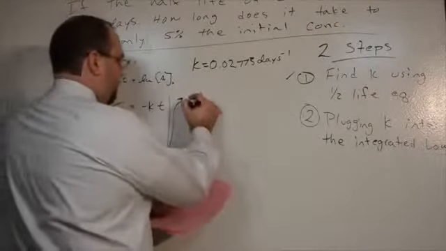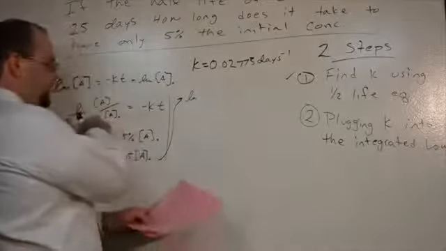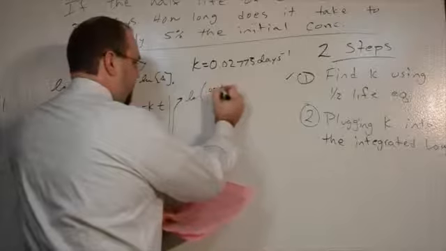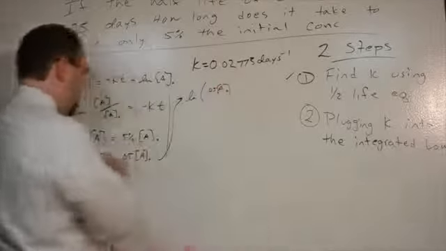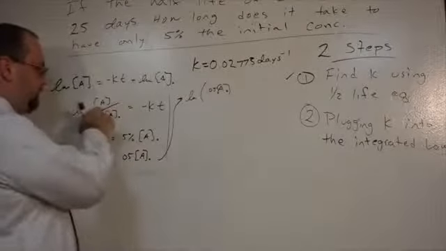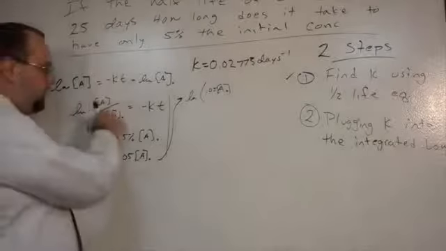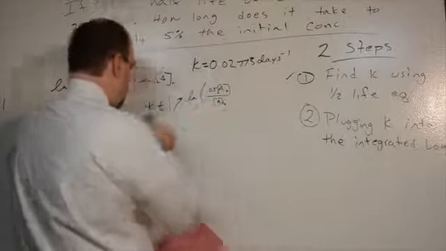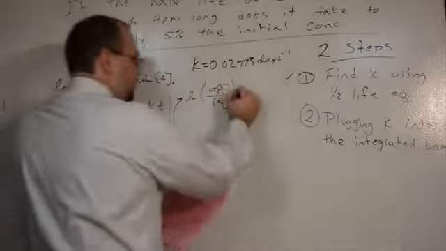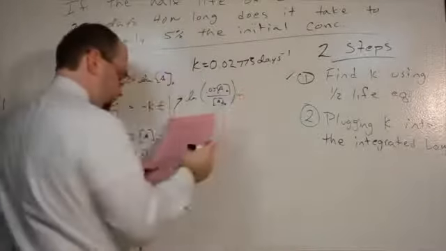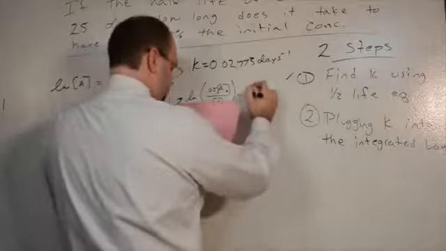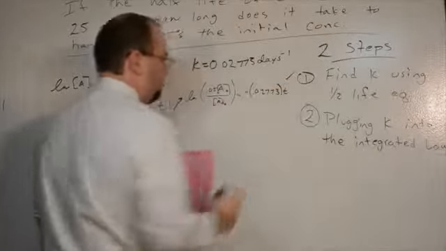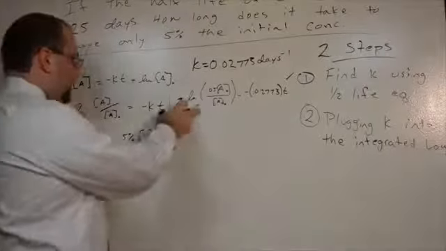Okay, so that means if I plug this in, I have ln of 0.05 A naught. Okay, that's A. A equals that, so I just plug that in for A, over A naught, equals negative 0.02773 T.